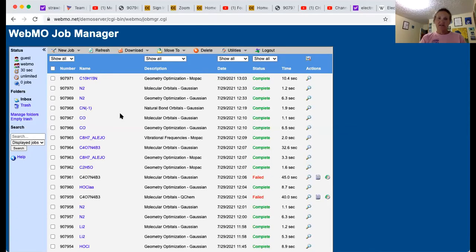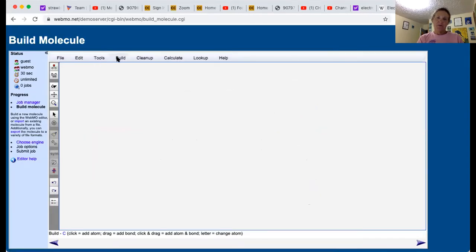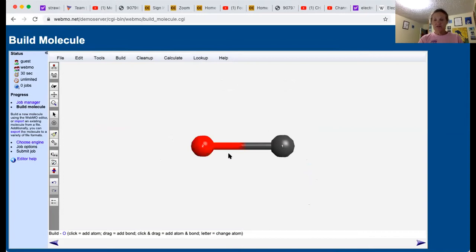So if I share that screen, let's just do a calculation for carbon monoxide because we know that's a heteronuclear diatomic, so it should not be symmetric. So if we create a job with a carbon atom and an oxygen atom, we'll do everything the same as what we did last time. We'll get the geometry closer to where it should be for its calculation.